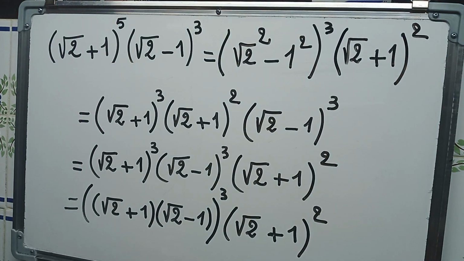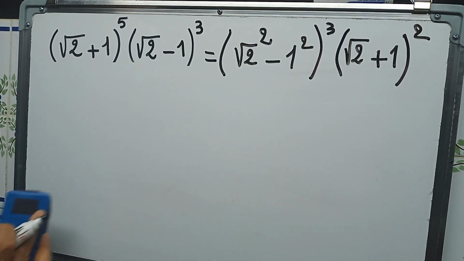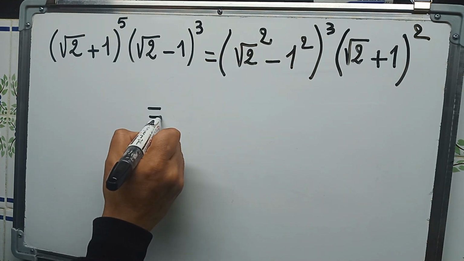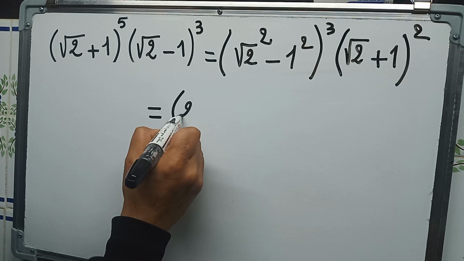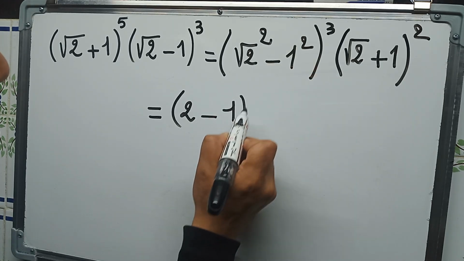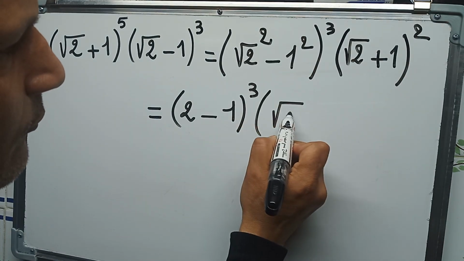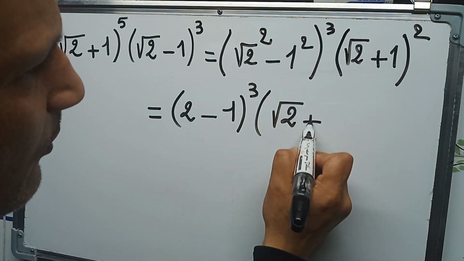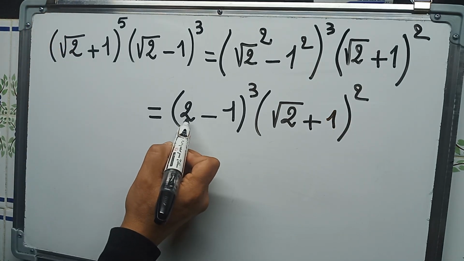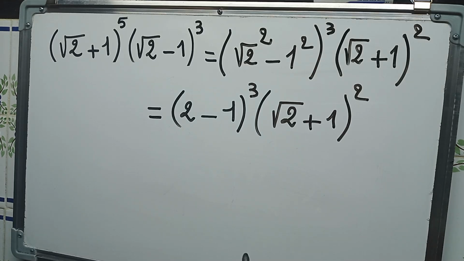And now it's almost done because this number is equal to square root of 2 squared is equal to 2, minus 1 squared is 1, cubed, times square root of 2 plus 1 squared. And of course, 2 minus 1 is just 1, and 1 cubed is just 1.